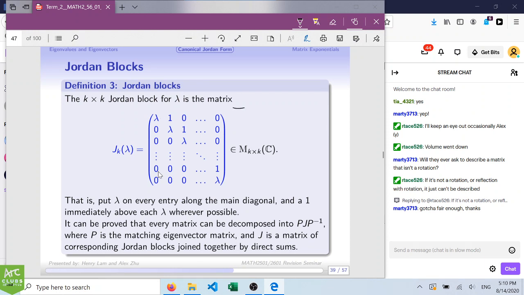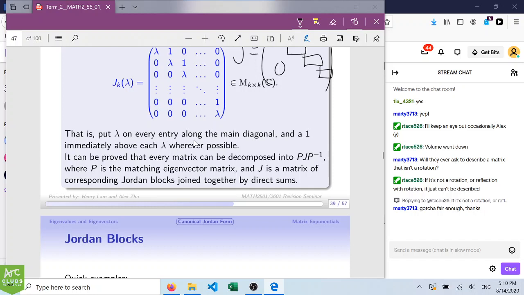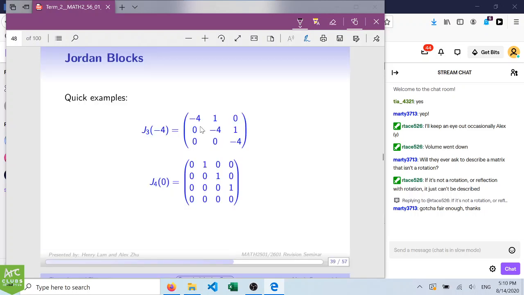What that really means is there's just going to be a whole bunch of blocks like that, and then the rest are zeros. For your Jordan blocks, an ordinary Jordan block with eigenvalue minus 4 is going to give you this, and it's size 3. And a Jordan block of size 4 with eigenvalue 0 looks like this.